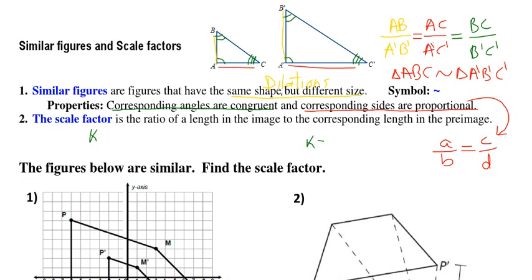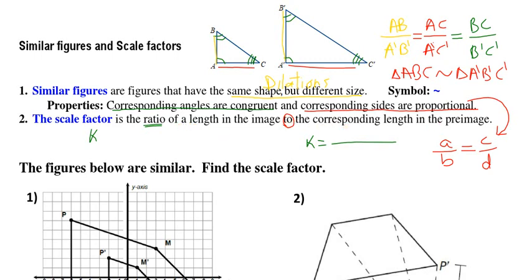The scale factor is a ratio, and it's a very specific ratio. It's a ratio of a length in the image to the length in the preimage. Here what it says "to" is what divides the numerator and the denominator of the ratio, so that whatever comes before "to" is the numerator and whatever comes after "to" is the denominator.